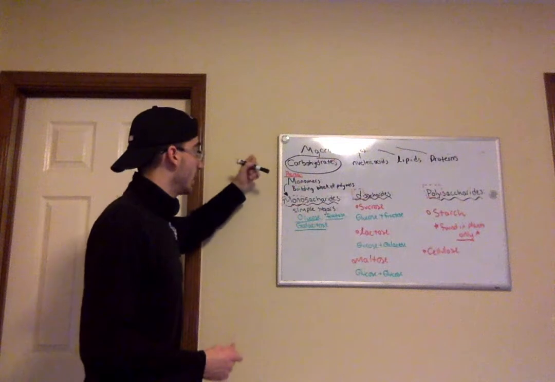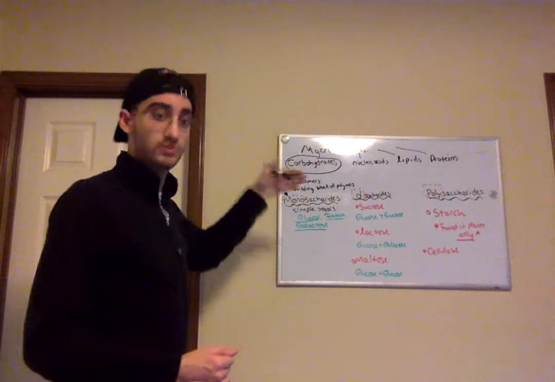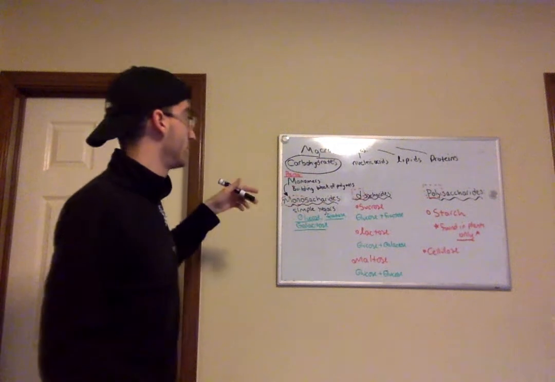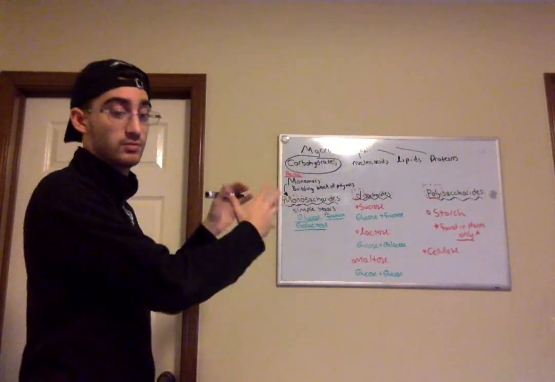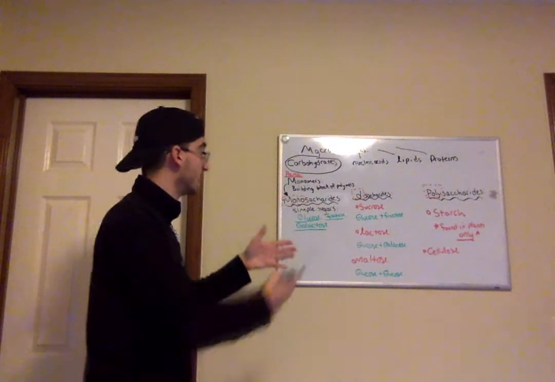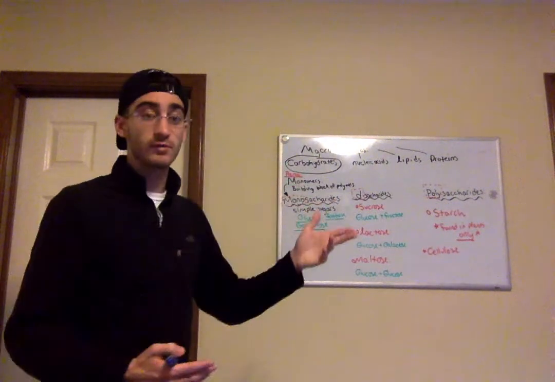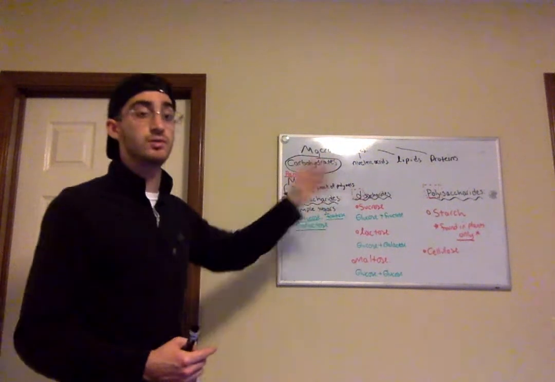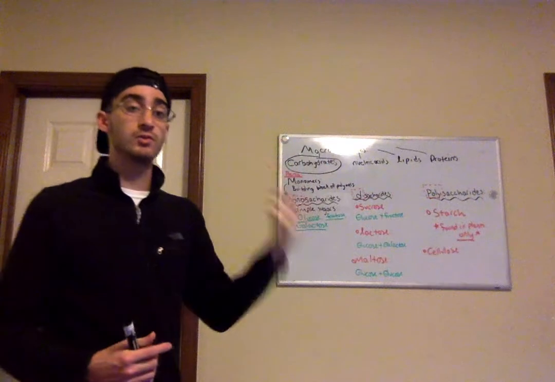The monomers that build a carbohydrate, that make a carbohydrate what it is, are monosaccharides.